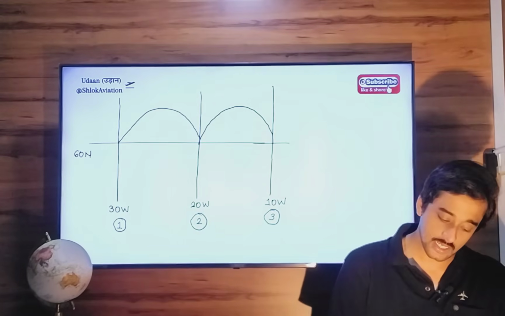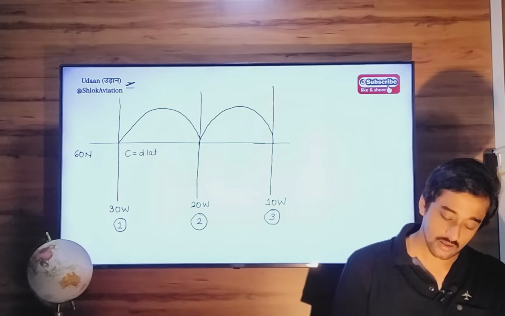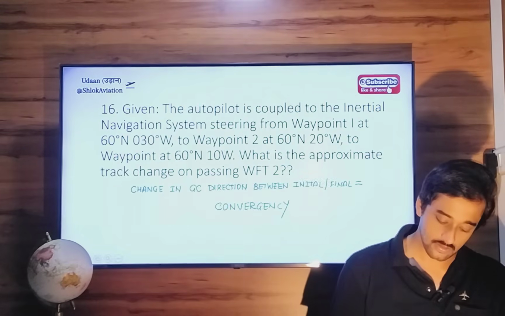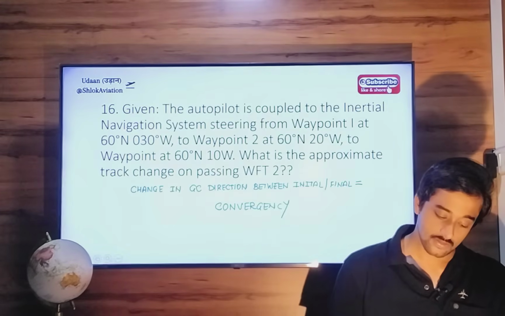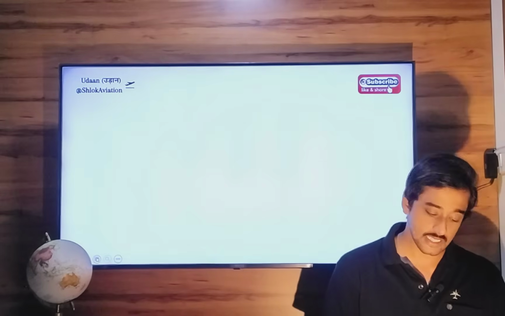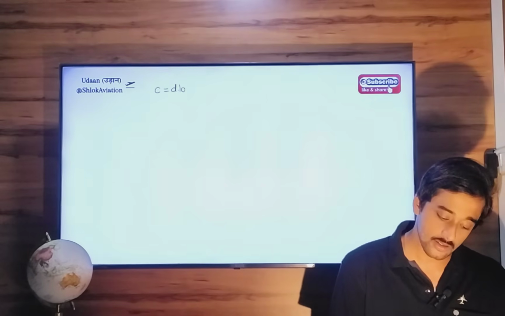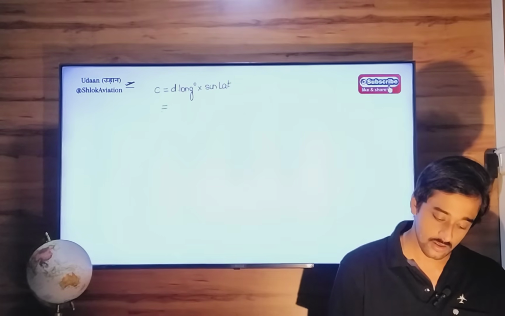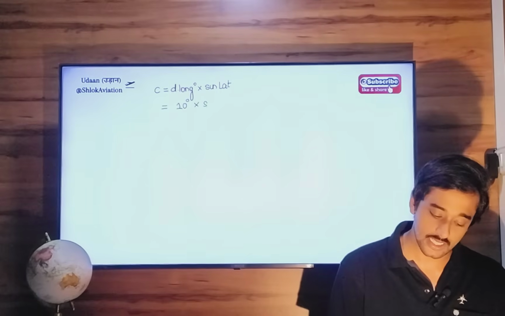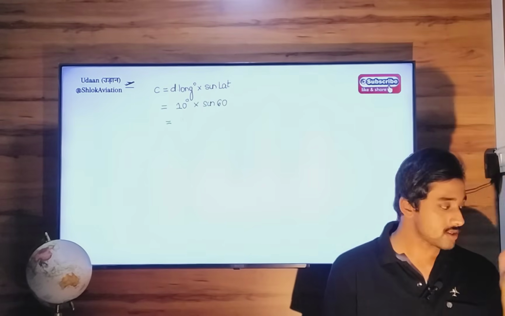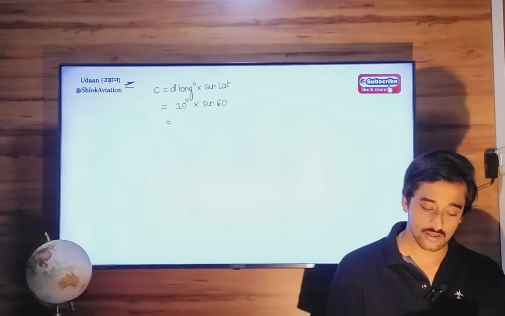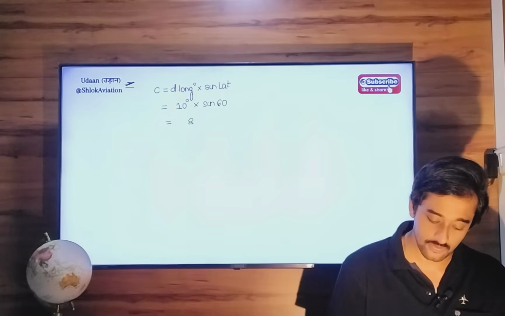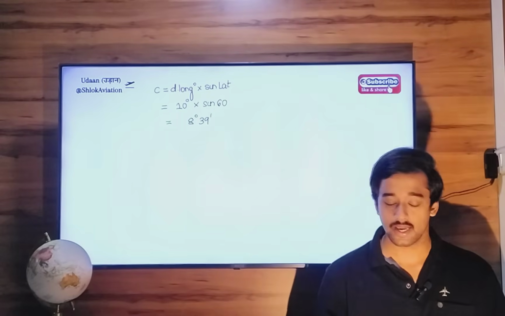The convergency is d long, the difference between the longitudes in degrees, into sine latitude. 10 into sine 60 is 8 degrees 39 minutes, or approximately 9 degrees.